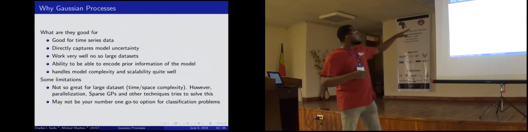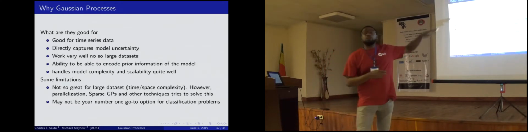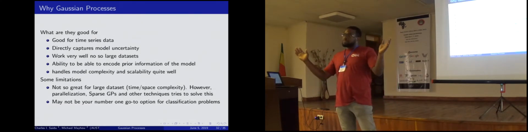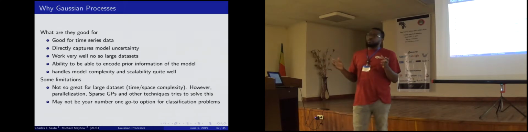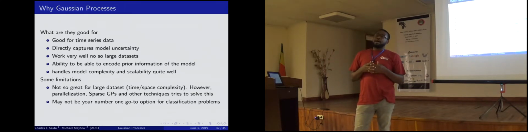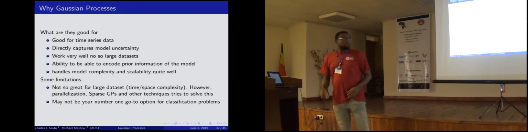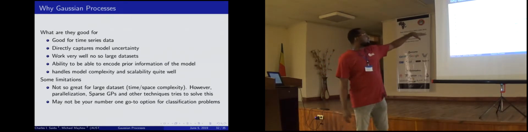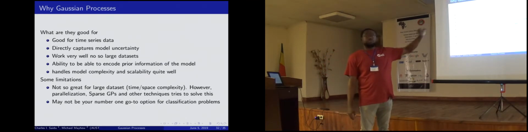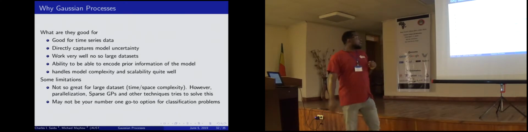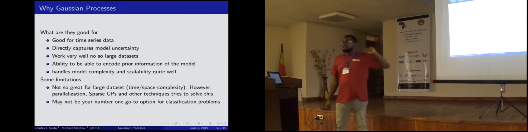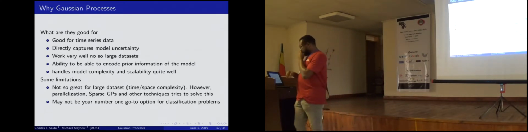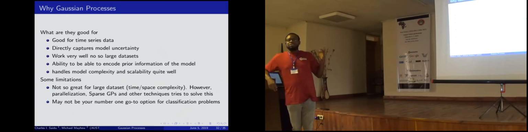They work very well with not so large, sizable data, because it's easy when you have hardware where you can fit those matrices and do matrix inversion. And they have the ability to encode prior information, like we just talked about, and they handle model complexity and scalability very well. So why are they not so great?